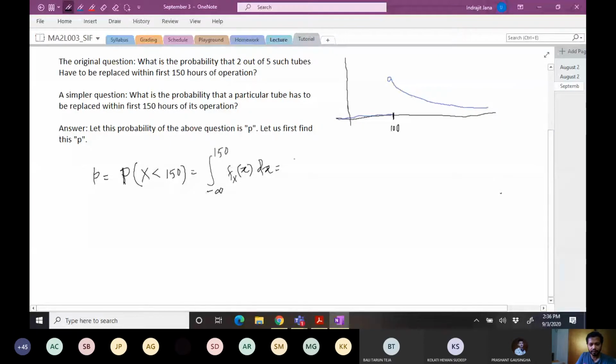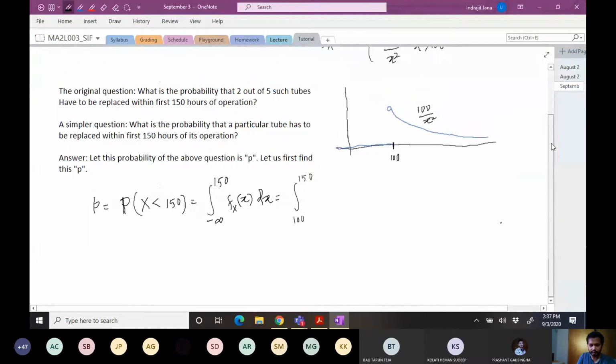Now the probability density function is 0 up to 100, so you can safely ignore the integration up to 100. You can start the integration at 100 up to 150, and there the density function is 100 over x square.